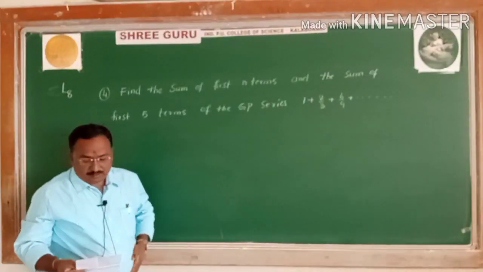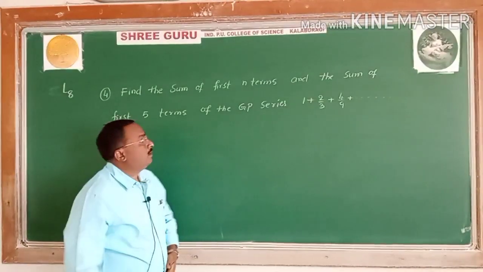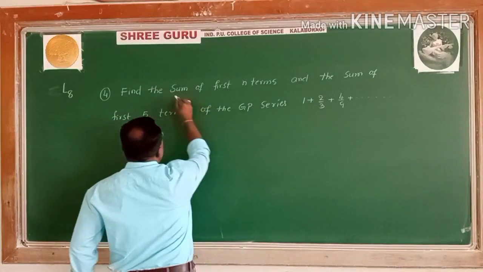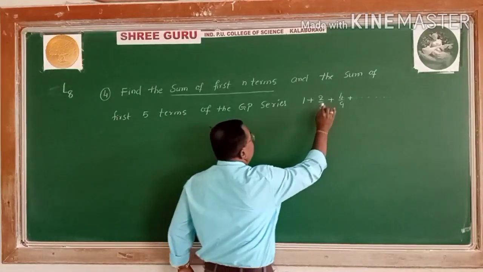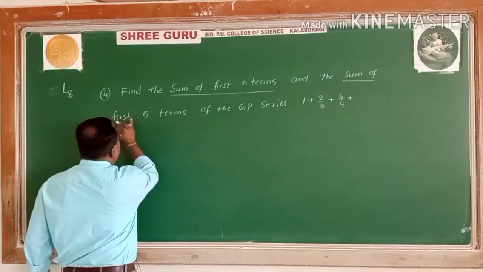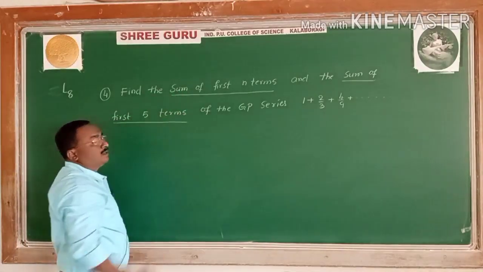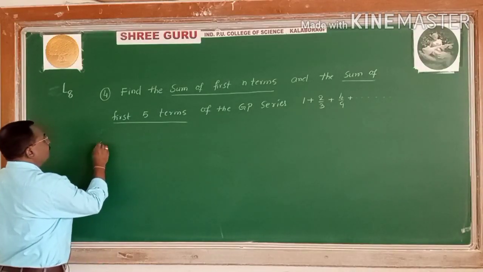Find the sum of first n terms and the sum of first 5 terms. That is very important. Sum means Sn.